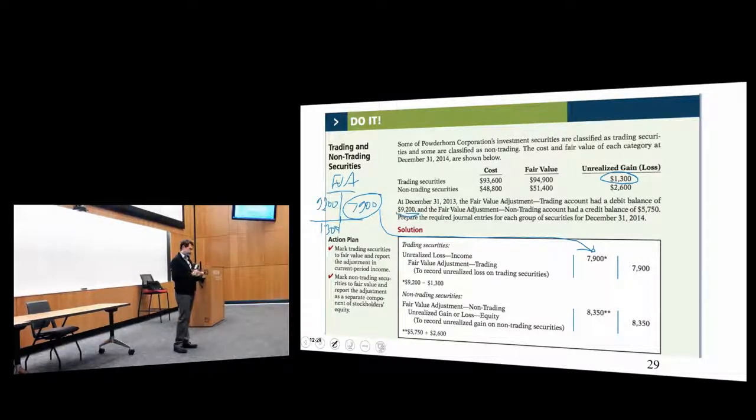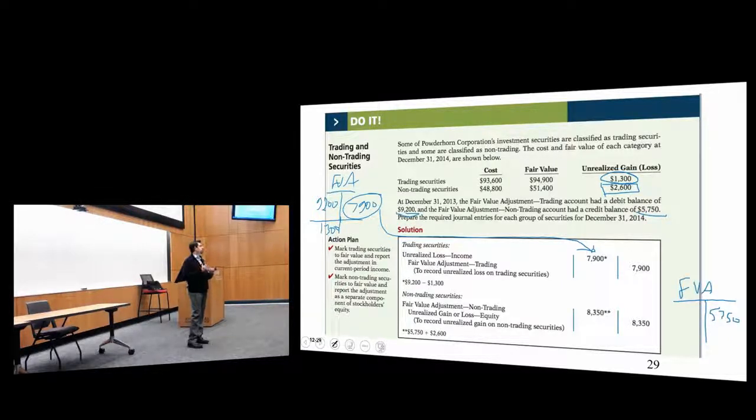for the second one, they are telling us that at the beginning it had a credit balance of 5,750. When we look at this one here, this is a gain again. It's a gain, so where does it go? The gain will be credited as a result. Well, here again we're looking at fair value adjustment.